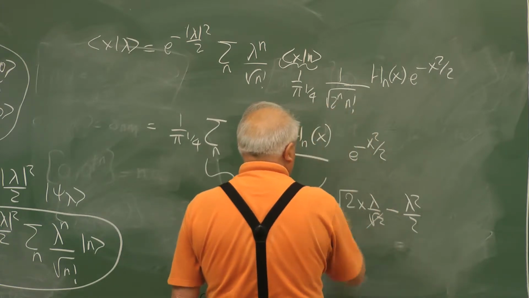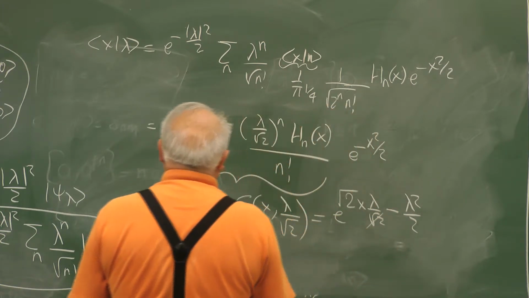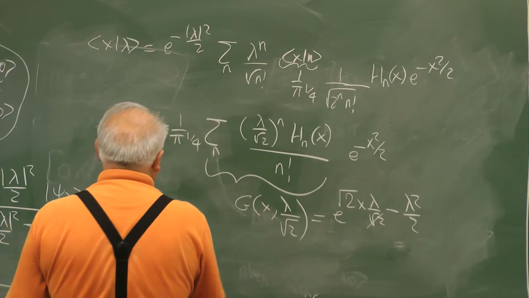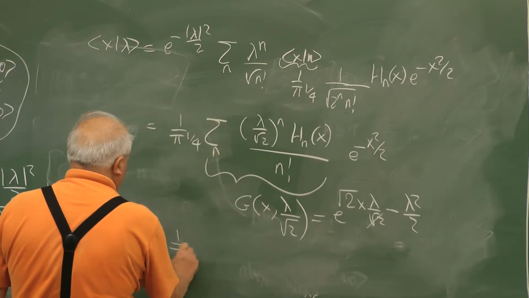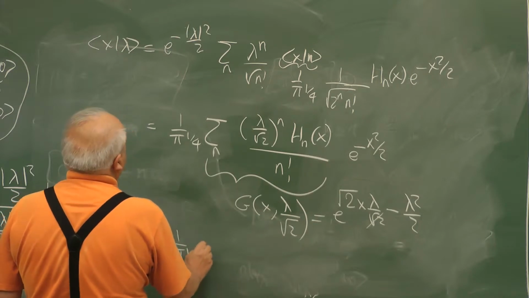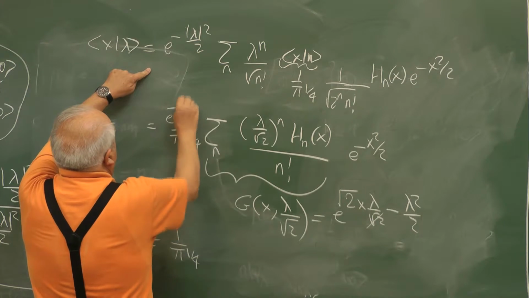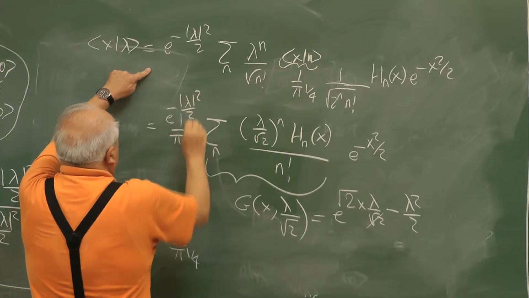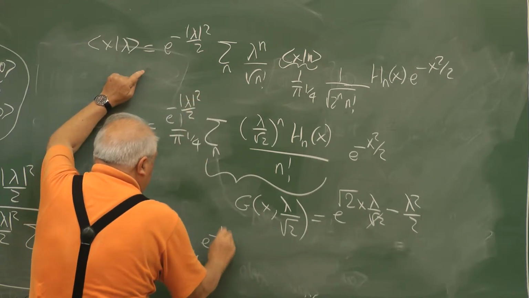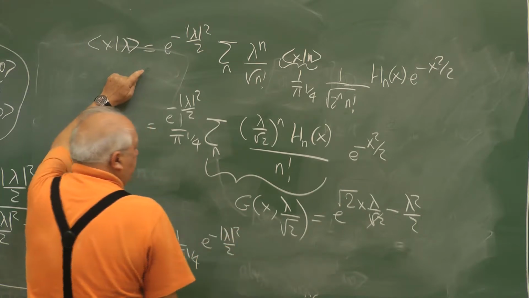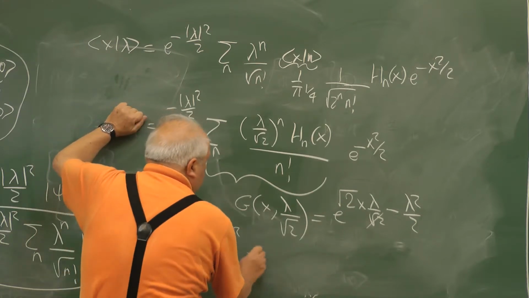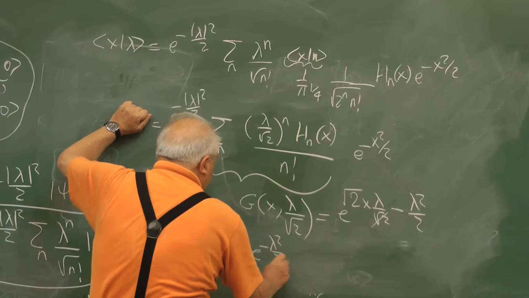So it is equal to 1 over pi to the 1 over 4, e to the minus lambda absolute square over 2, e to the minus lambda square over 2.